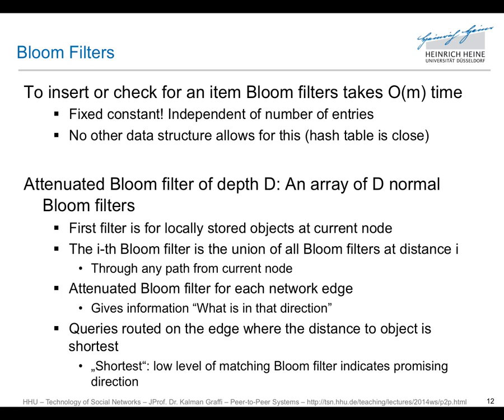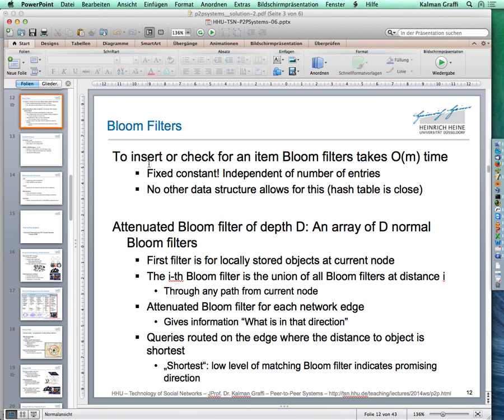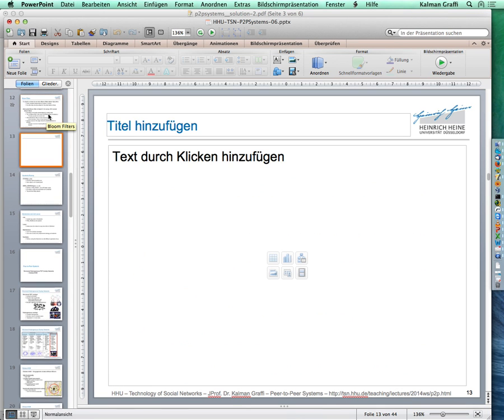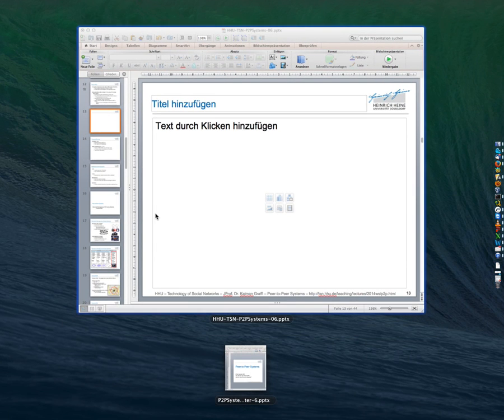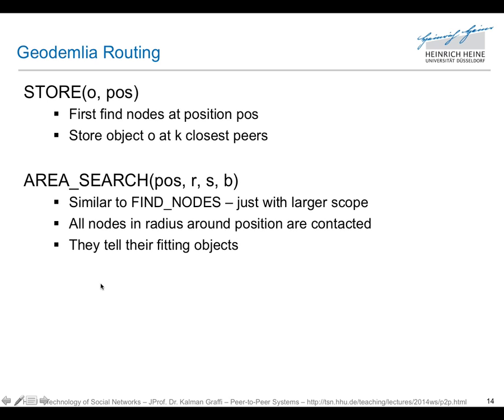So how does this then look like? Let's make a new graph. So this attenuated Bloom filter, this is level 0, this is only your elements that you have.